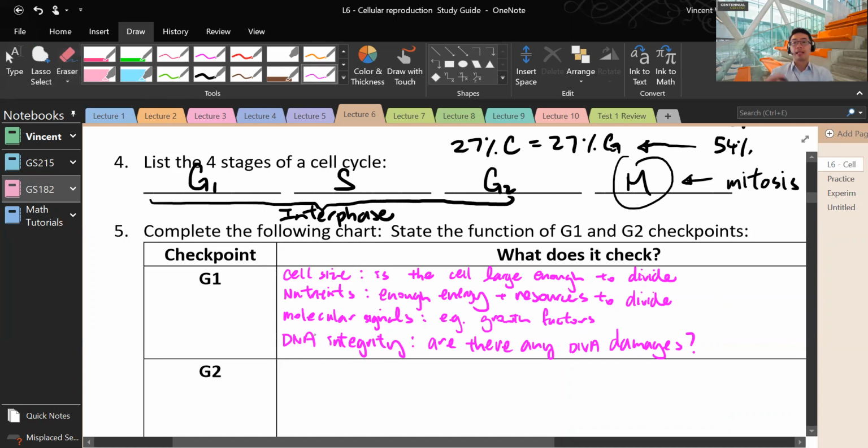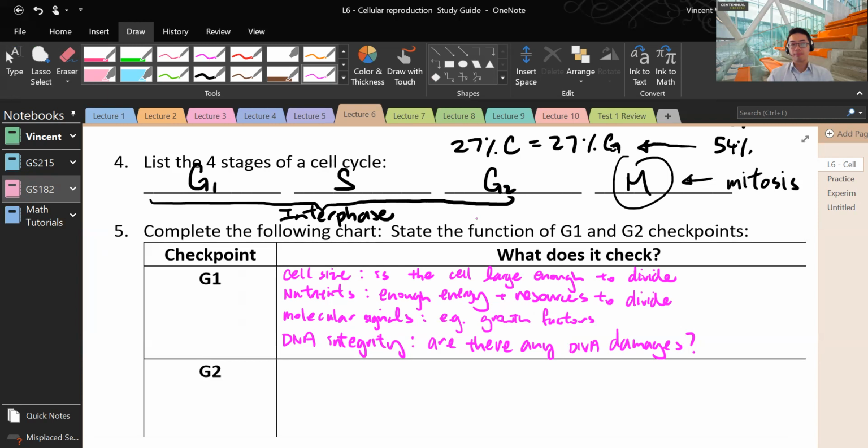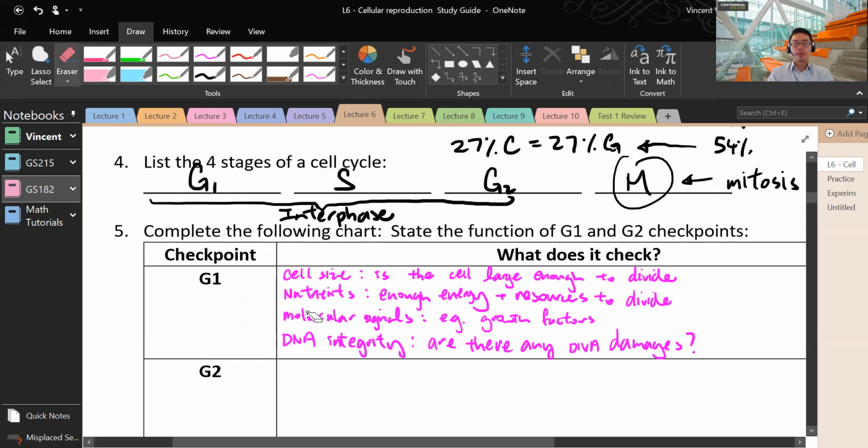Okay, and that could lead to a situation where, despite the fact that you don't have enough energy or resources, despite the fact that there's no growth factors present, you still allow the cell to divide. Okay, and that is, of course, a bad thing to happen, right? Okay, so just to reiterate, all these things are done by checkpoint proteins.